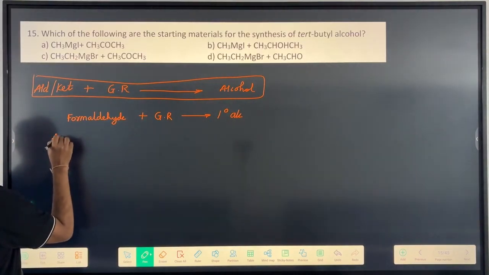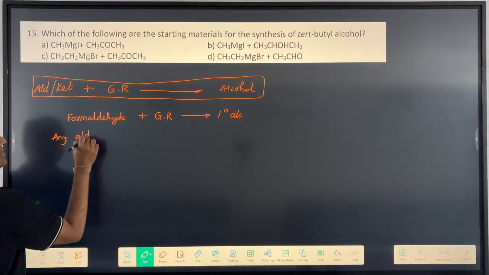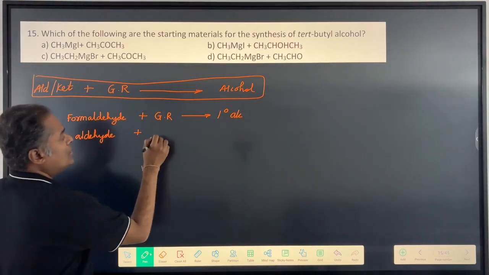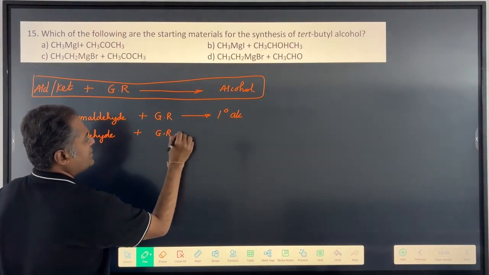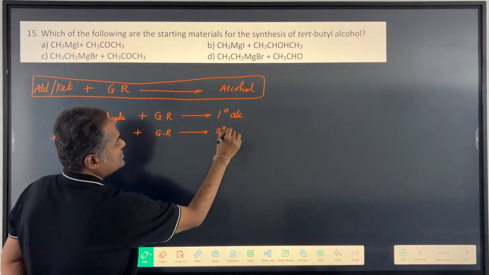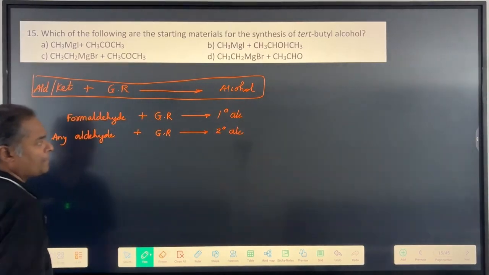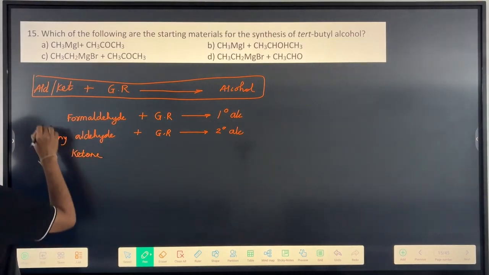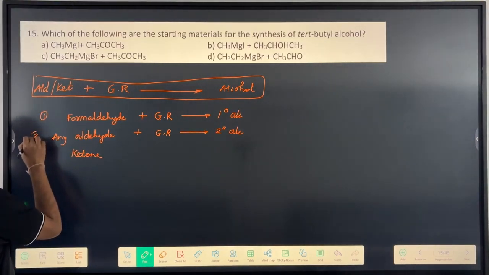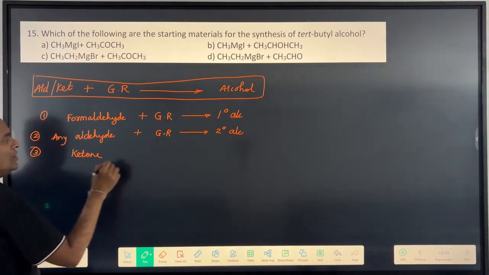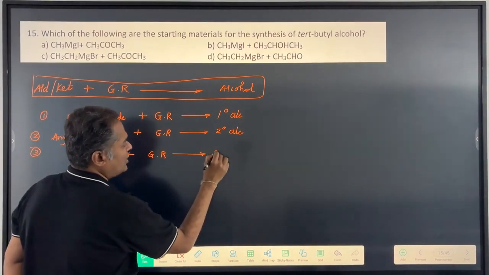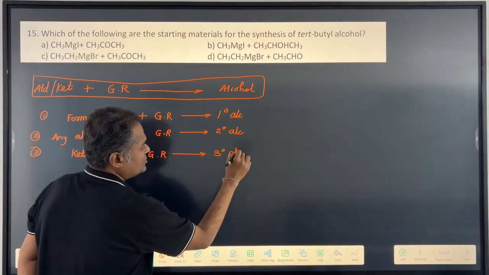Suppose any aldehyde is given to you, with a Grignard reagent to be reacted, we get a secondary alcohol. And last one, this is point number 1 to be noted, second, and this is the third point. When a ketone has been treated with a Grignard reagent, the product obtained is a tertiary alcohol.